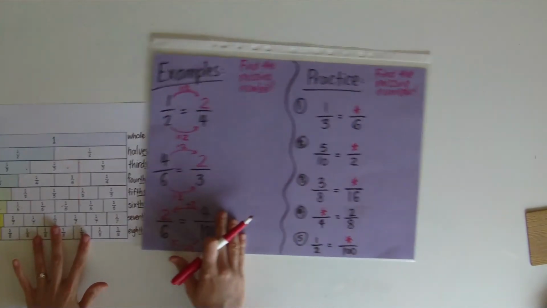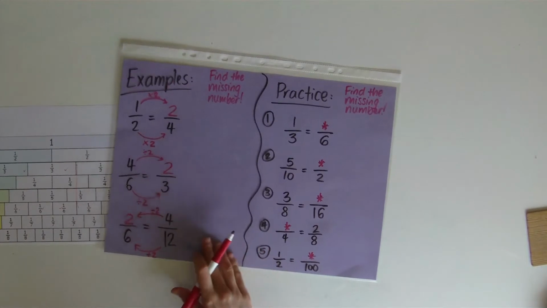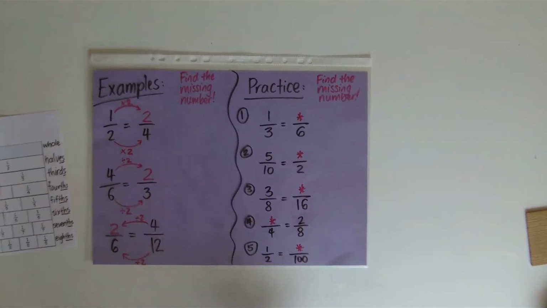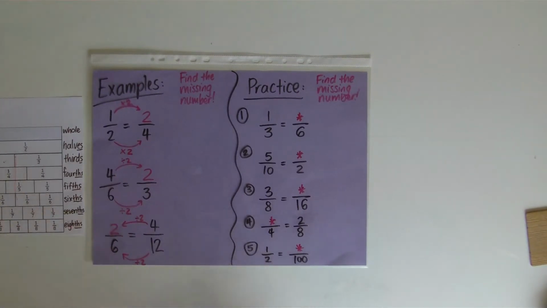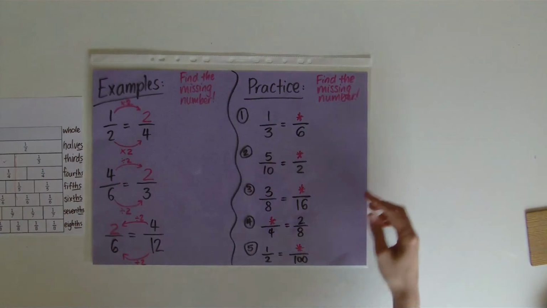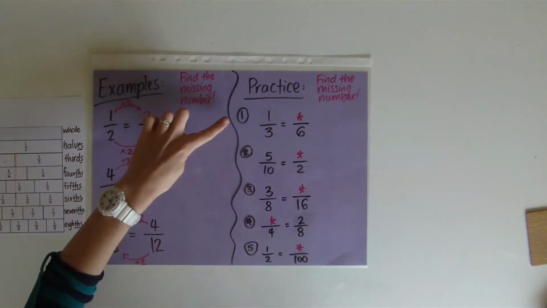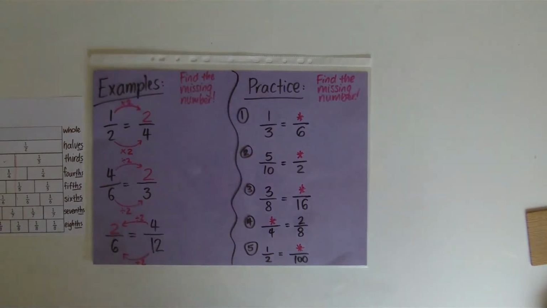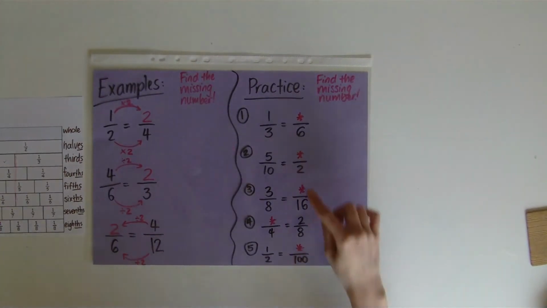So now, Year 4s, it's your turn to have a go with these practice questions. I'll just leave the examples there, so when you're pausing the video you can refer to them if you need to. We've got these ones here. Question 1: 1/3, or 1 over 3, is the same as how many sixths? Or 1 over 3 is the same as what over 6?